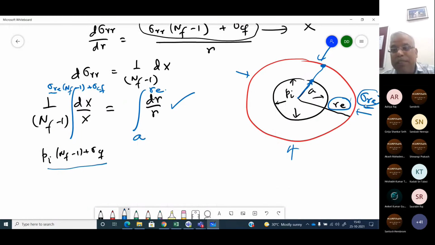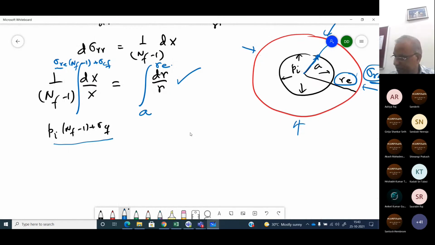Yes. Now sir, here sigma RE and RE both are unknown. I still do not know what these values are. So I will be at best able to form an equation from this. And that equation is, I'm writing directly. If you want to, you can derive that equation at home, but I'm writing directly.